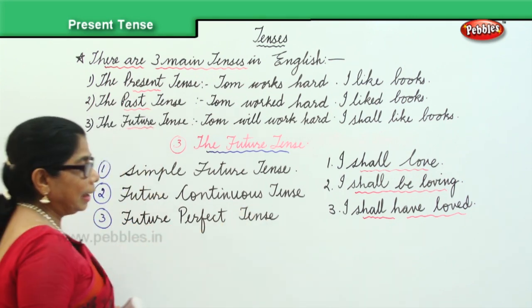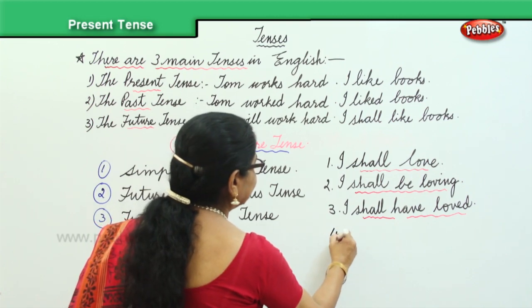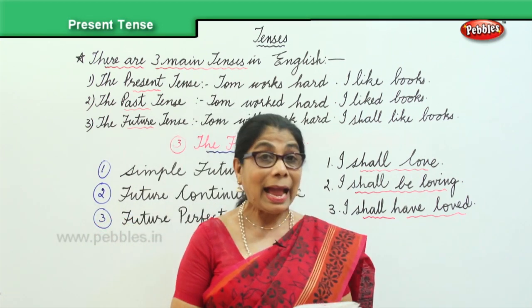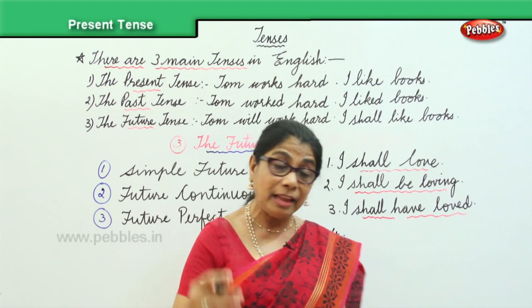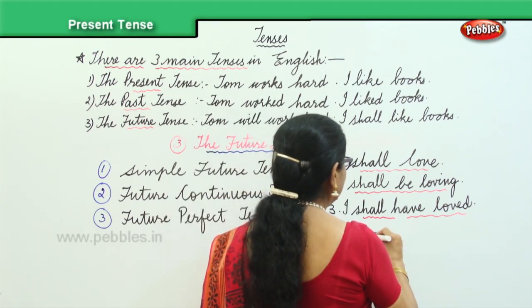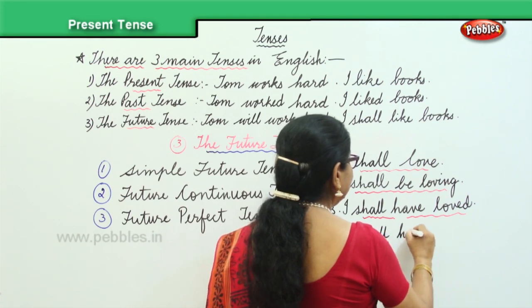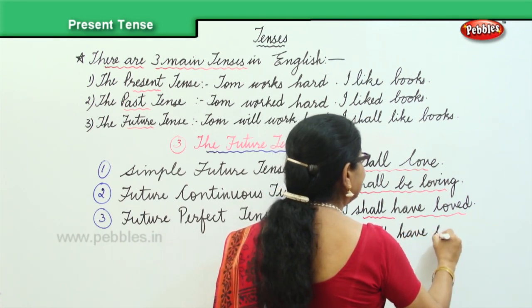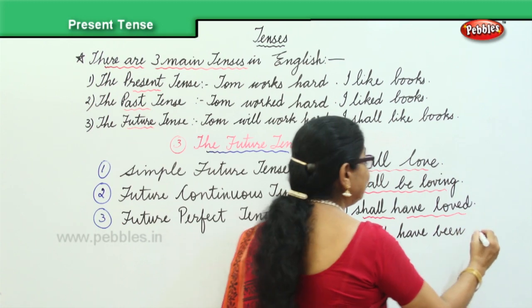Okay. And finally, the last type is I shall have been loving. I shall have been loving.